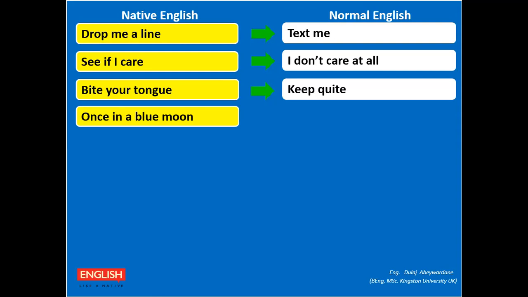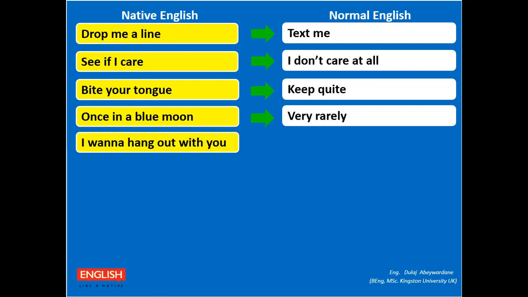It denotes that she comes to meet me very rarely, because the moon never becomes blue. So that's an idiomatic expression used in native English. Once in a blue moon means very rarely.